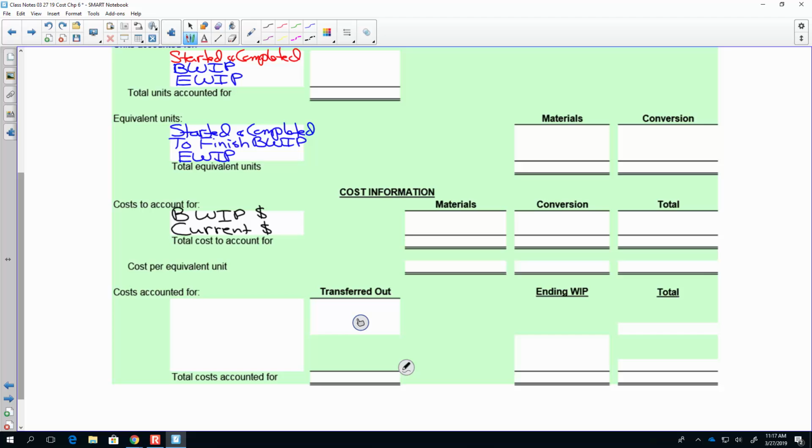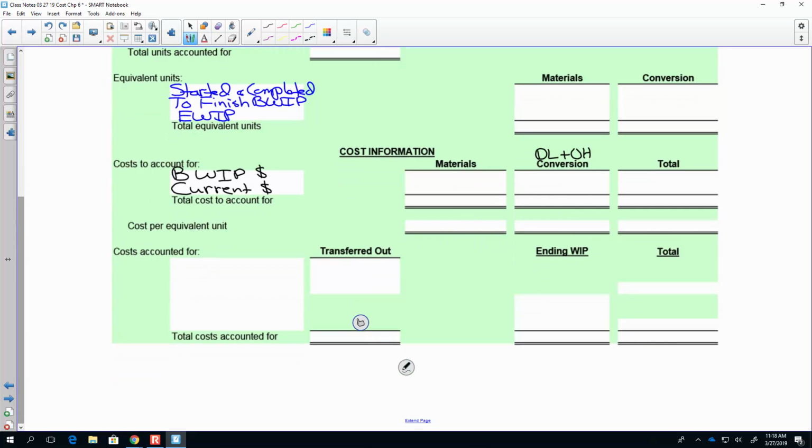And here too, again, we've got conversion, which is direct labor plus applied overhead. I'm going to add the two together. I want that to be done on your project as well. Add the labor and overhead together. And then finally, at the bottom, started and completed again.